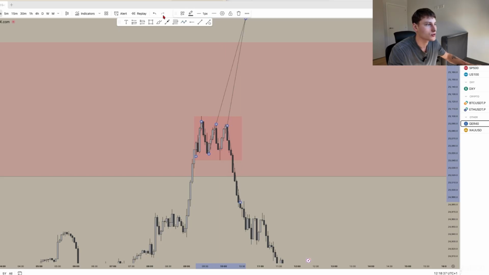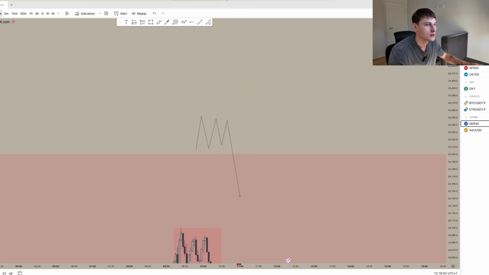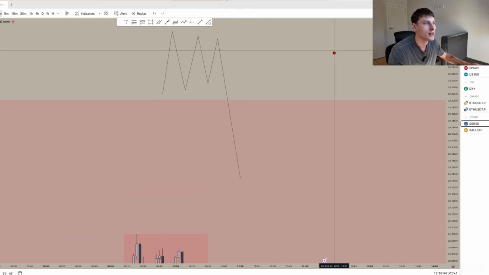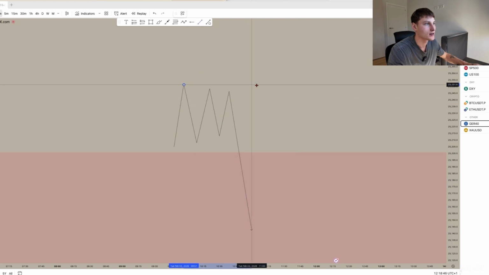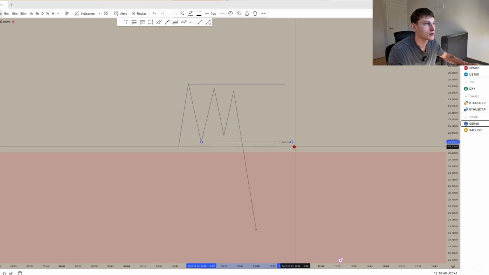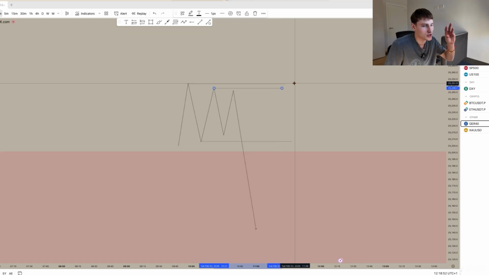But what I want to show you is that the price is making some sort of accumulation. Every high and every low is getting closer and closer. So that means that the price is preparing for the move.